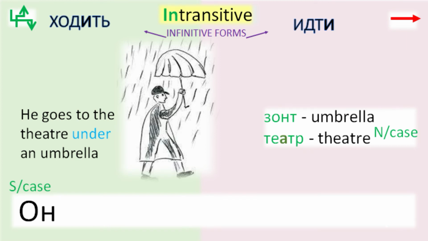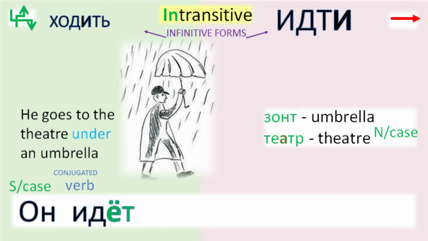He goes to the theatre under an umbrella. Он. Choose the multidirectional verb Ходить or the unidirectional verb Идти and conjugate it. Он идет.